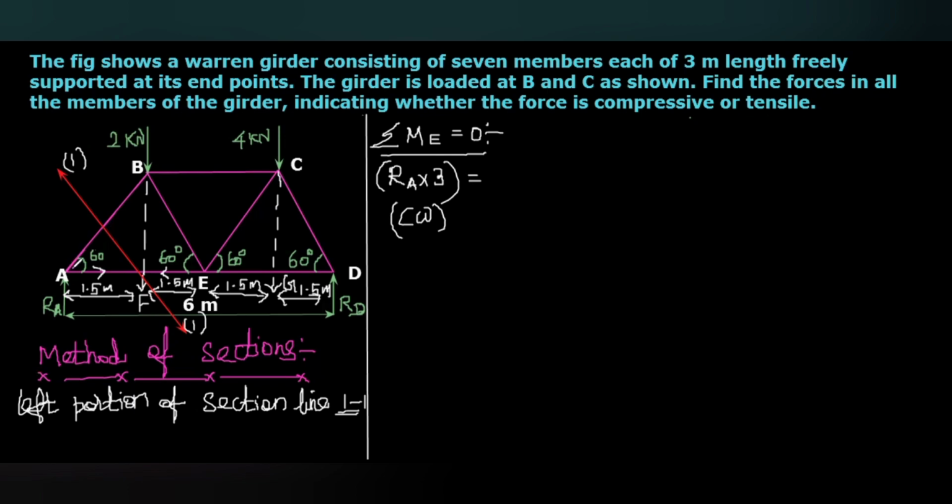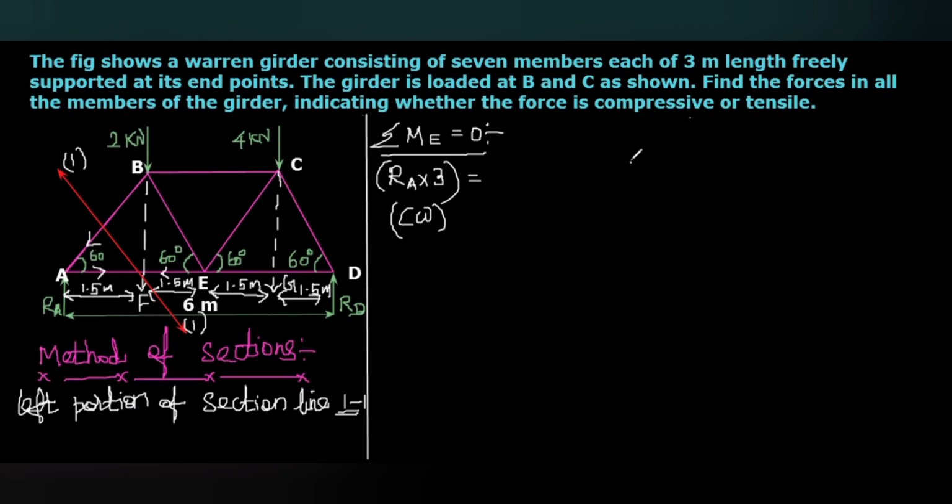Here, this is AB. There are two possibilities. If it acts upward, that means the vertical resolved component of AB will act upward, then the moment made by that vertical component with respect to E is also clockwise. So the possibility is it will act like this. If it acts like this, I'll just draw the free body diagram here.